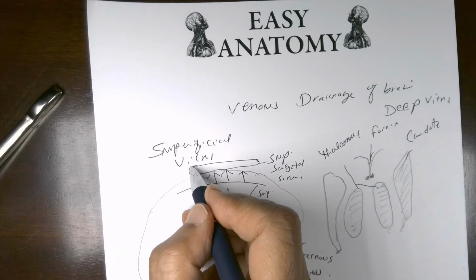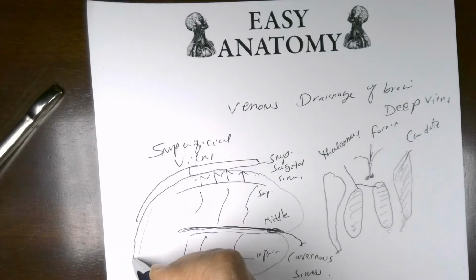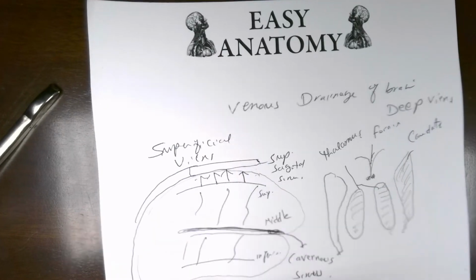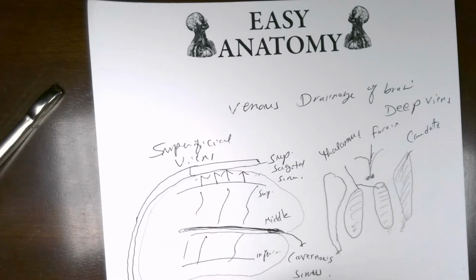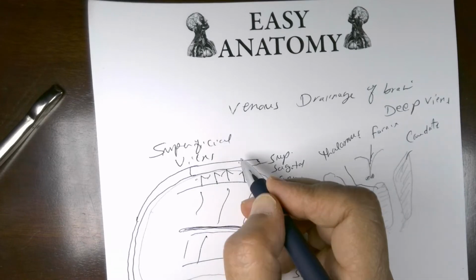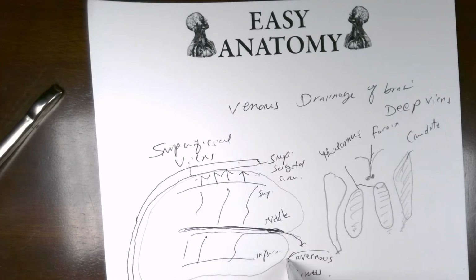This superior sagittal sinus, if you remember, is going to continue as transverse, mostly right transverse. This is transverse sinus. This is superior sagittal sinus, and the middle cerebral vein goes to the cavernous sinus. The inferior goes to transverse.